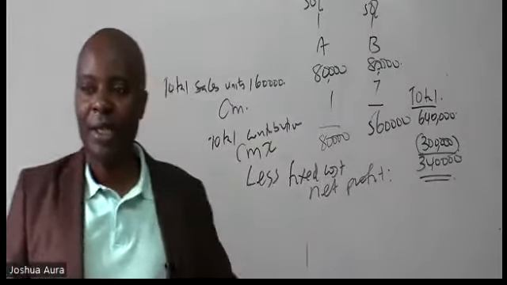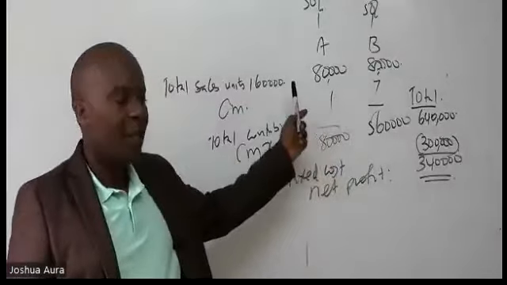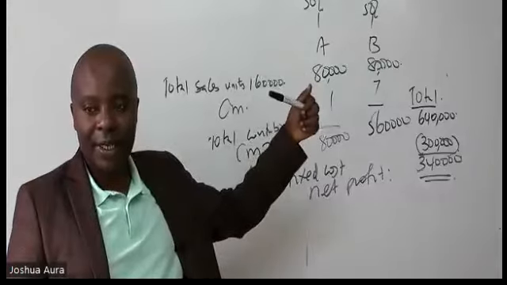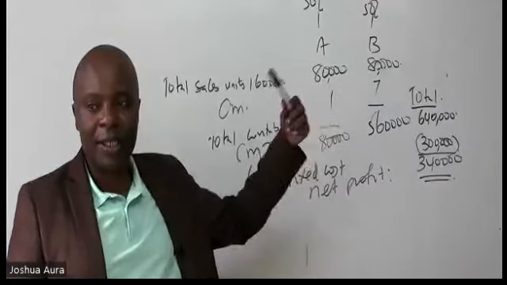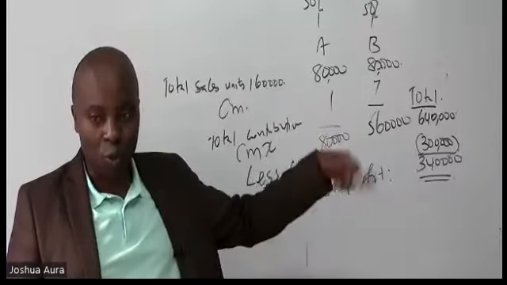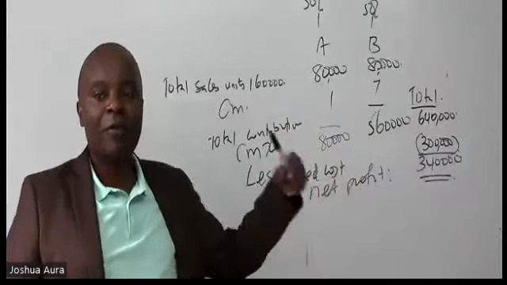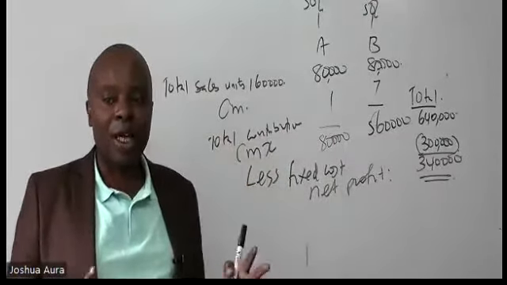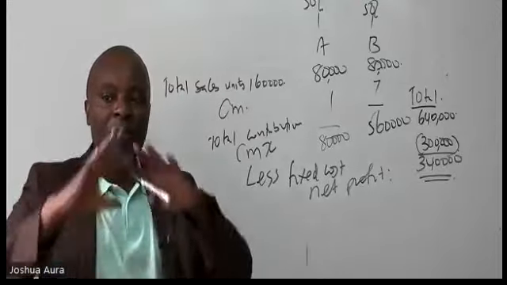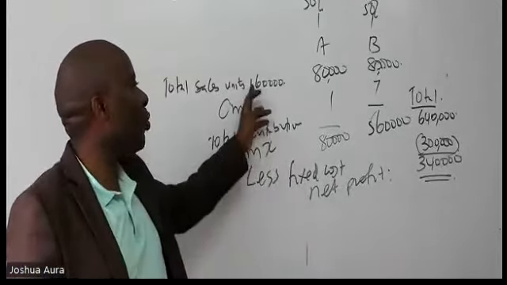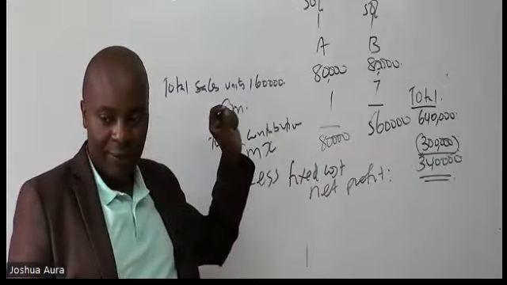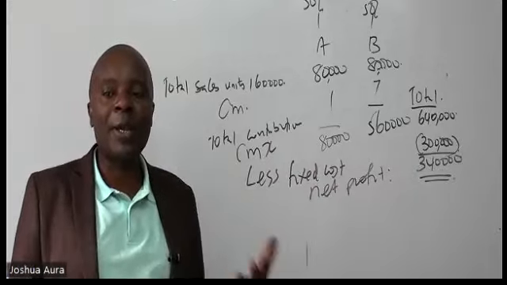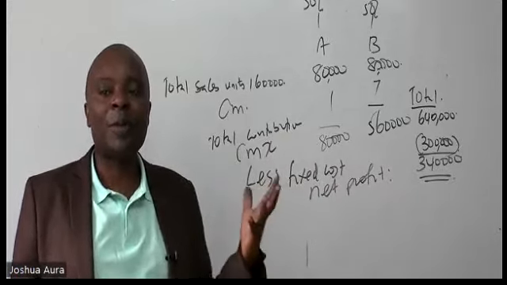From the start, so remember here, they've told us that we are changing what here? Our sales mix. They've told us that we are changing our sales mix to 1:1. So what I did, first of all, I combined all the products together. A is 120,000, B is 40,000. So if I add the two, I'll end up getting 160,000, which now I redistribute using 1:1 ratio. 1:1 means what here? Equal. So 50%, 50%.